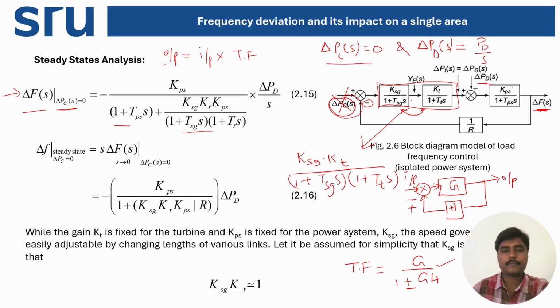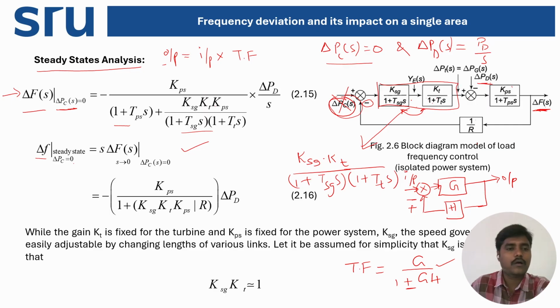f of s. So once you obtain this delta f of s, now we want to do steady state analysis. So after some time at the steady state, what will be the value of frequency deviation? So that can be determined by using this rule or this formula, delta f at steady state and at the same time delta PC of s is equal to 0.